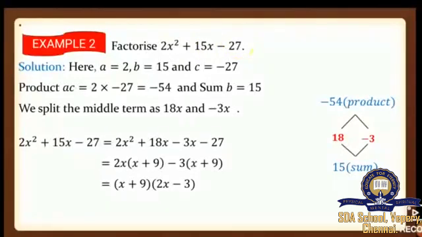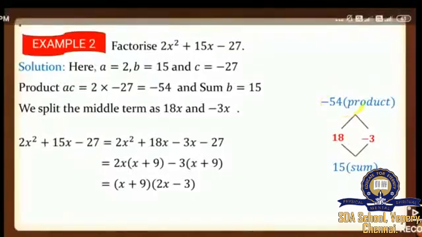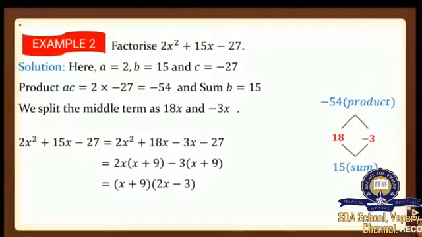So the first step is to multiply a and c. If you multiply a and c, you will get minus 54. So the product is minus 54. And the second step is you have to write b, which is 15 here. So the sum is 15.